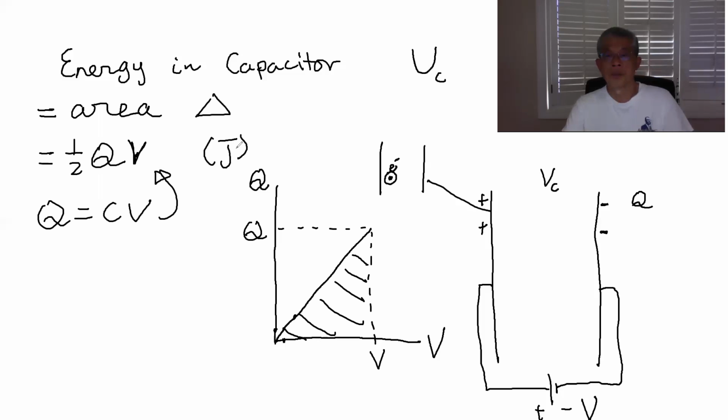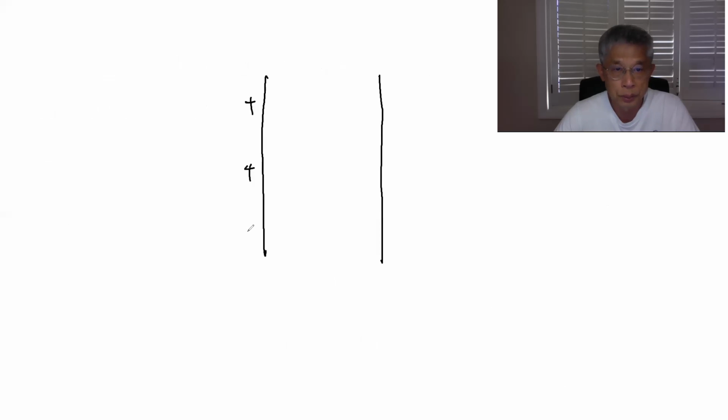Now let me ask you a question. I'm going to clear that. At this point, I have parallel plates and it's fully charged right now. This is the V that was the battery. The battery is now disconnected, and I have V there and Q there.